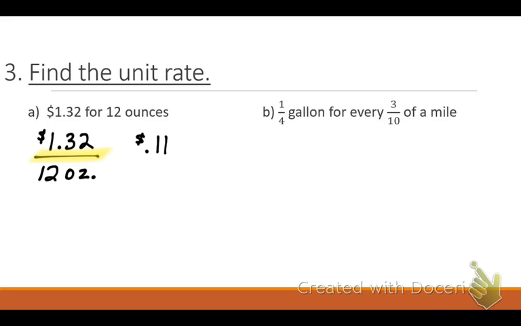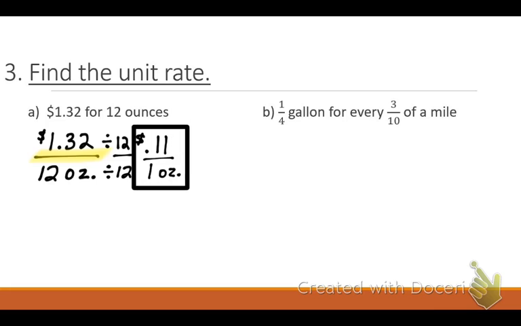No, okay, so here's what I need to do. I'm trying to get a denominator of 1, so I'm dividing by 12 on top, dividing by 12 on bottom, okay? So guys, what is 12 ounces divided by 12? 1 ounce. So all this answer is telling us is that's going to be 11 cents per ounce.